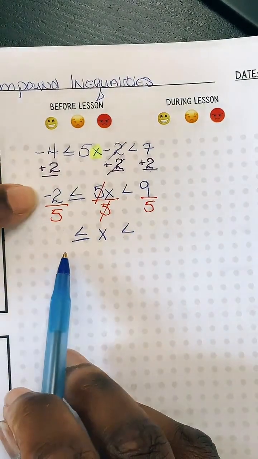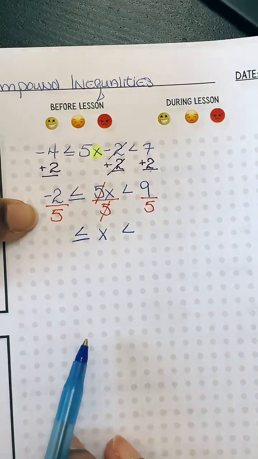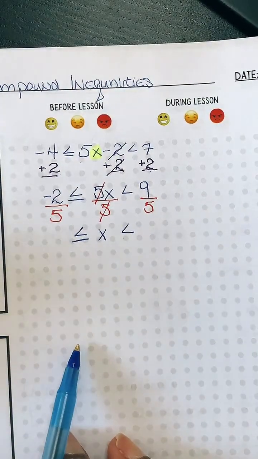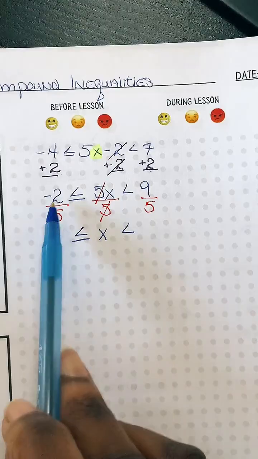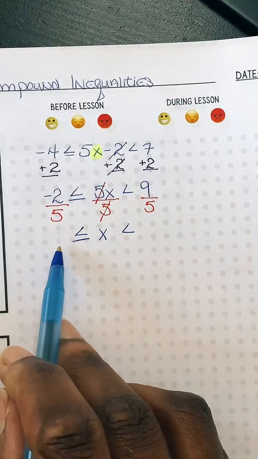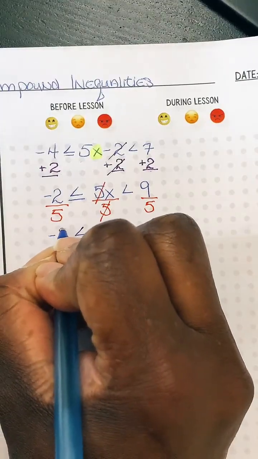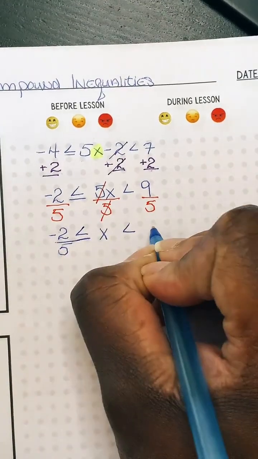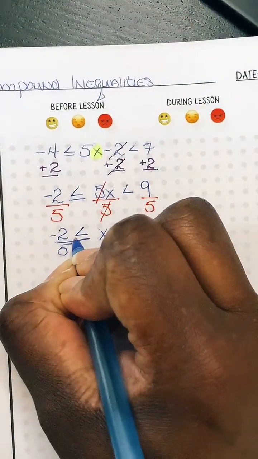And now negative 2/5 and 9/5, the only thing that they have in common is 1. All right. It's a moon. Okay. Thank you. So all I have to do is, since they don't have anything other than 1 in common, if I can't break it down, I'm just going to simply bring it down. Okay.